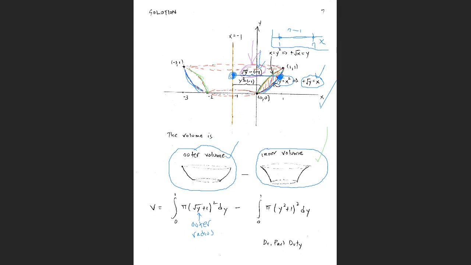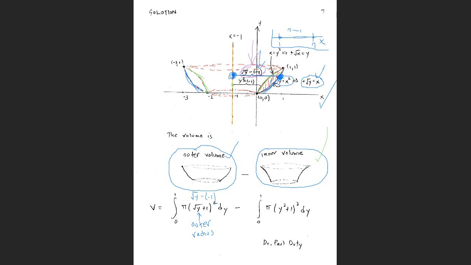Because that's equivalent to the square root of y minus -1, which is equal to the outer radius.